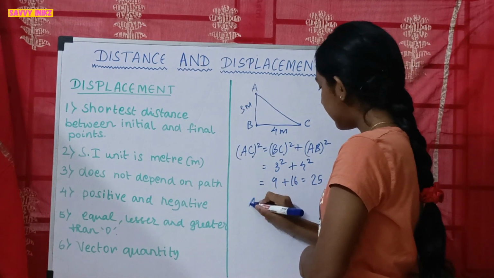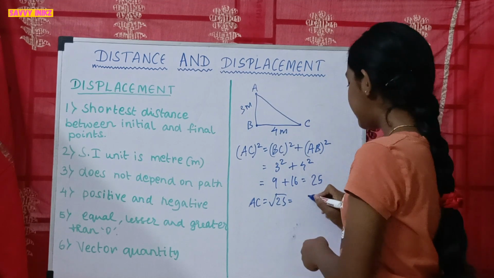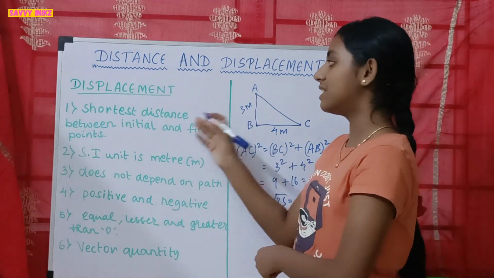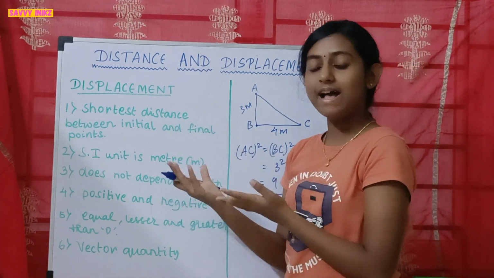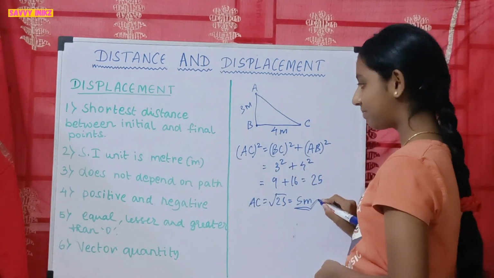Now since AC is equal to root 25, AC is equal to 5 meters. So this is our displacement, and the same as distance, the SI unit of displacement is meter.